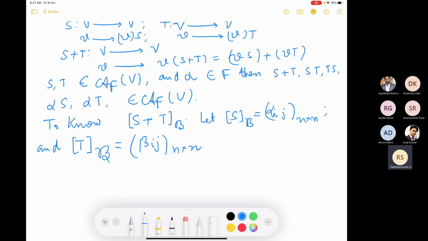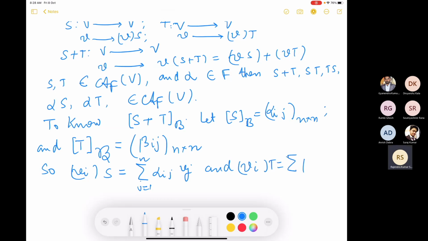Then we want to know the matrix of S plus T with respect to this ordered basis B. We know that ViS is the linear combination of these basis vectors Vj, j = 1 to n, and ViT is the linear combination beta ij Vj, j = 1 to n, for every i from 1 to n.